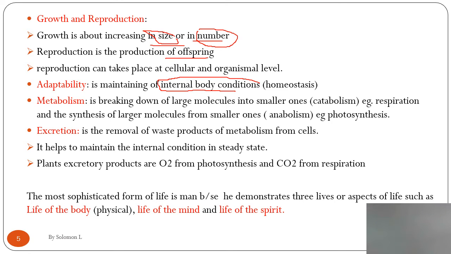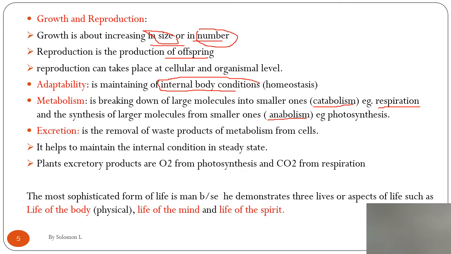Okay, metabolism is another characteristic in the nature of life. This metabolism can be divided into two parts, catabolism and anabolism. In catabolism, larger molecules are broken down into smaller ones. For example, respiration is a good example of catabolism.